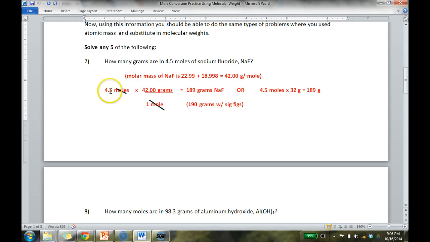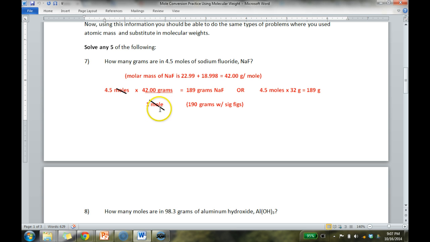So now when I set up, I take my information that I got from my problem, which is my 4.5 moles, put in my conversion factor, which is 42 grams per mole, or if we were to rewrite that, that would be 42 grams equals 1 mole, and so we could put 42 grams over 1 mole, or, depending on the problem, 1 mole over 42 grams.